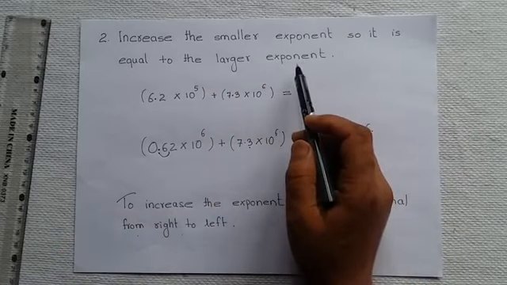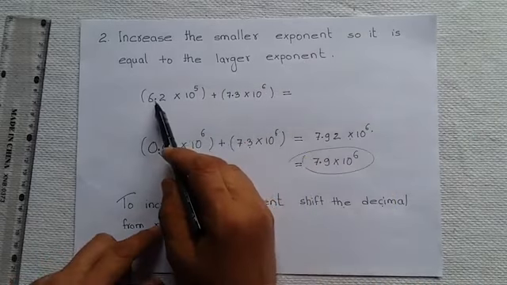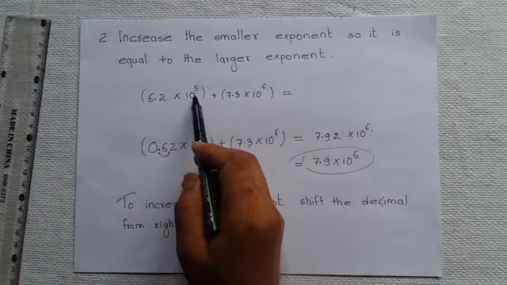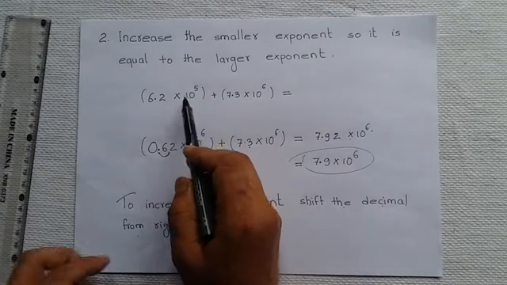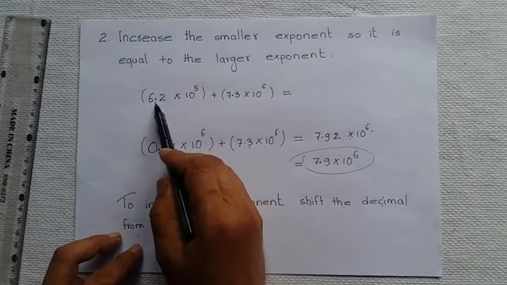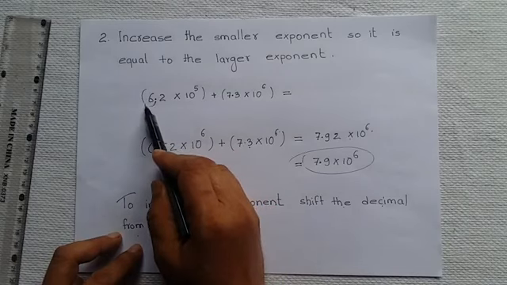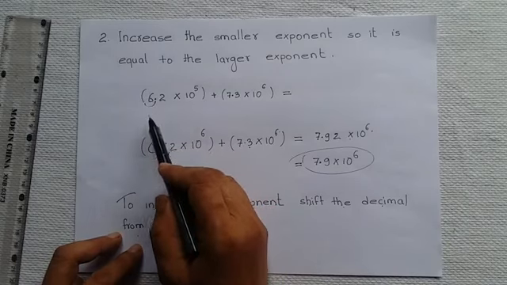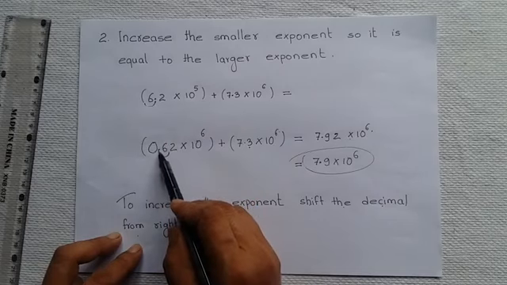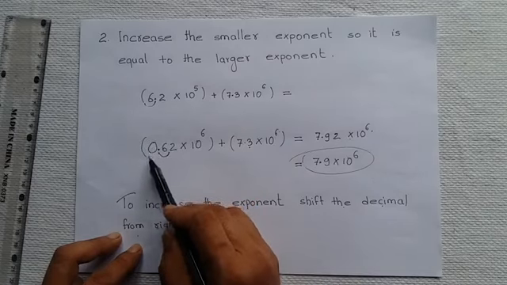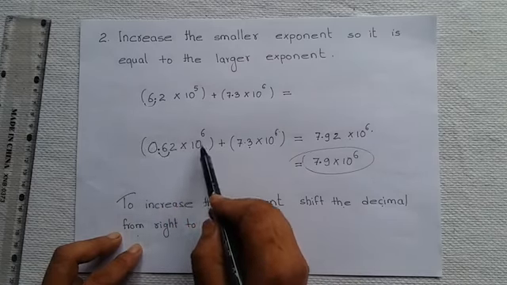So we always increase the smaller exponent to make it equal to the larger exponent. And while increasing the exponent, we shift the decimal point. Here I have to increase the exponent by 1, so I shift the decimal point 1 step towards the left, and it becomes 0.62 times 10 to the power 6.